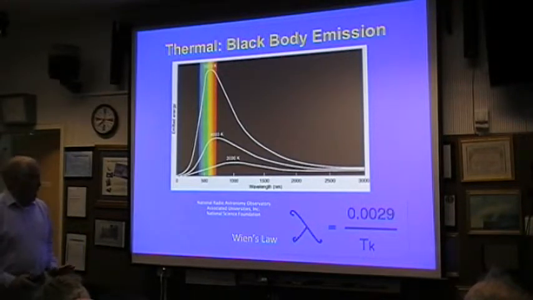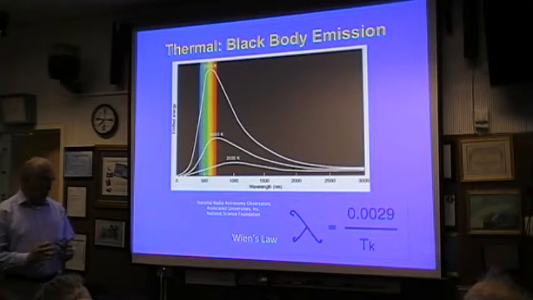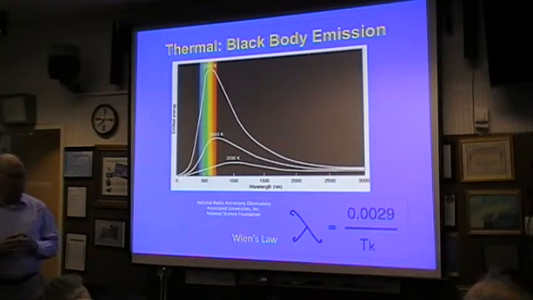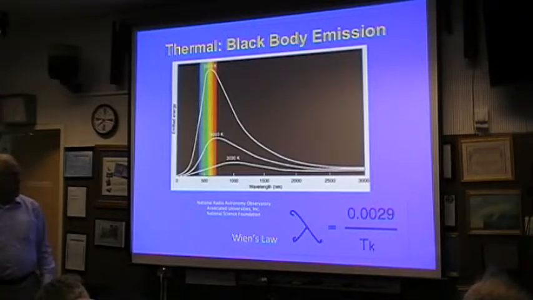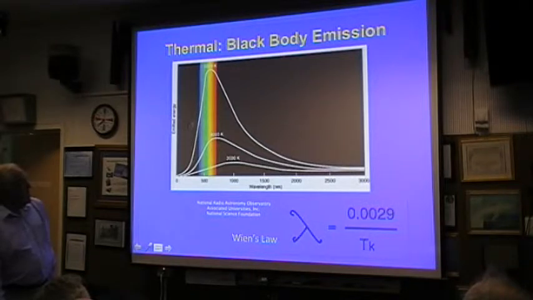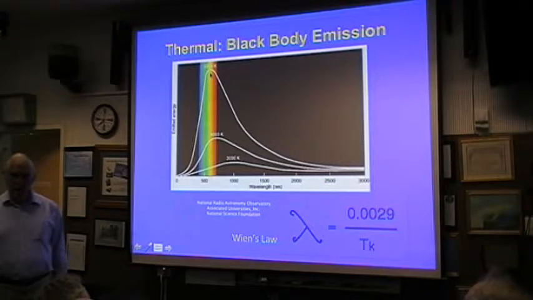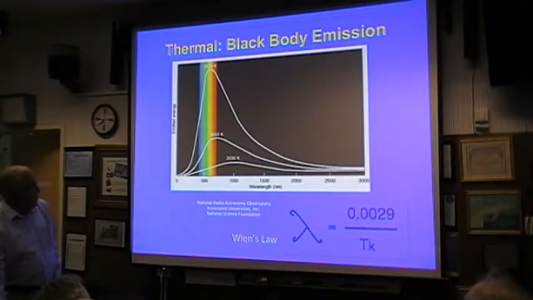But for all stars, or any body that emits radiation, the wavelength at which that radiation peaks is subject to the temperature of the body, and Wien's law describes where that peak will be. In the case of our sun, it's around about 5,000 Kelvin, so it peaks in the yellow part of the spectrum. It doesn't mean that it's a narrow signal, it's a very broad signal, that's where the peak is.